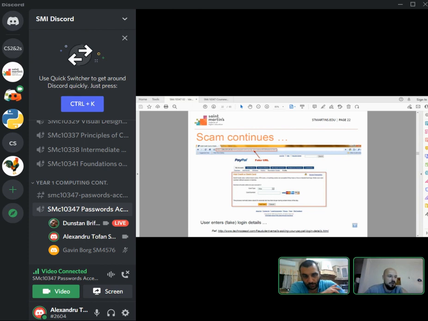But once you were to click on the add card, it would pop up an error. But it didn't stop there. The intelligent part was that once it popped up this error, it automatically directed the user to the actual customer care service of PayPal. So for all intents and purposes, the user would then be dealing with PayPal, and they would actually be dealing with PayPal, right?